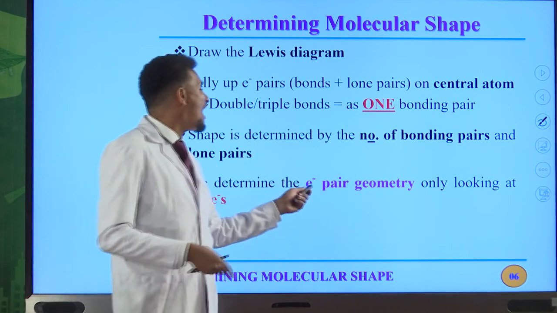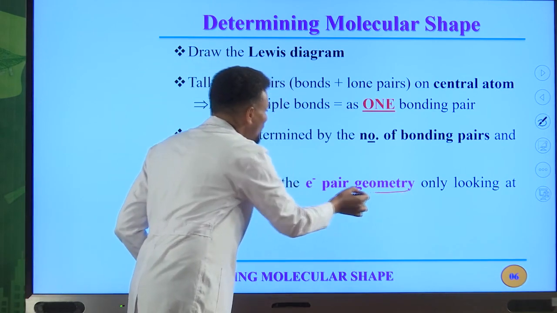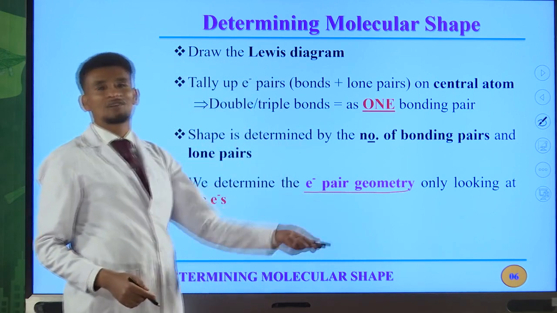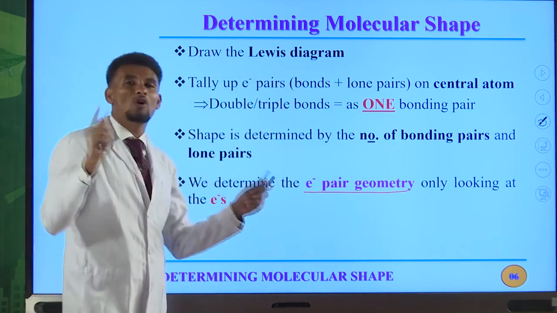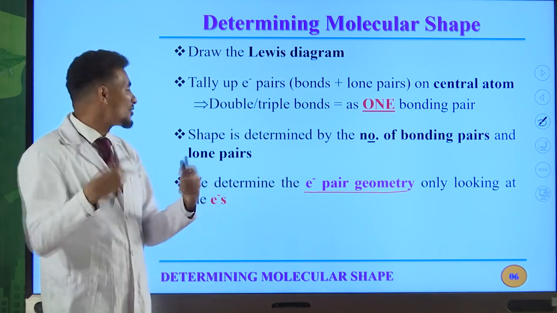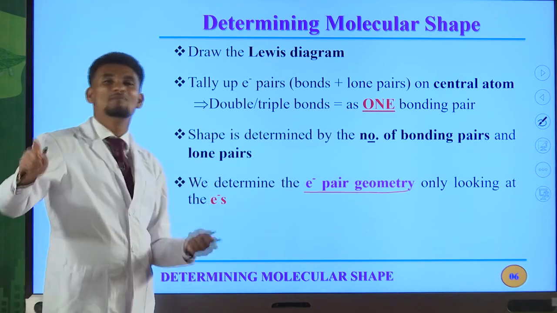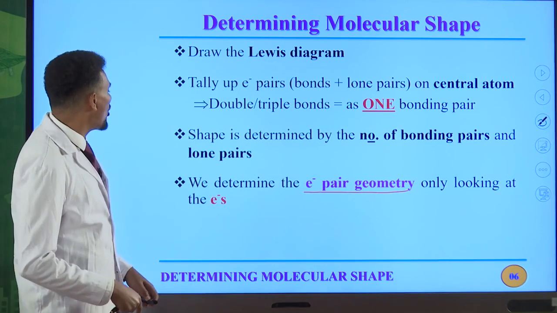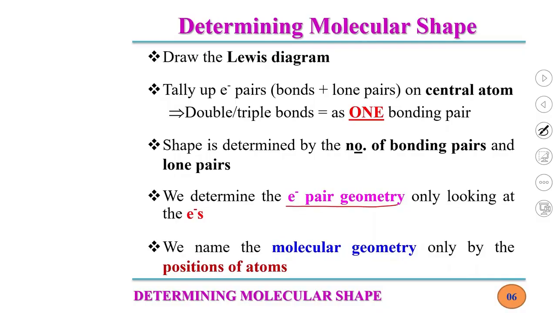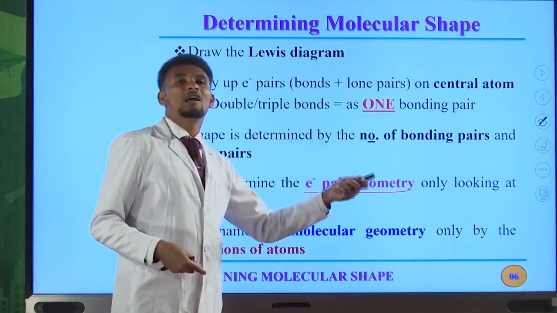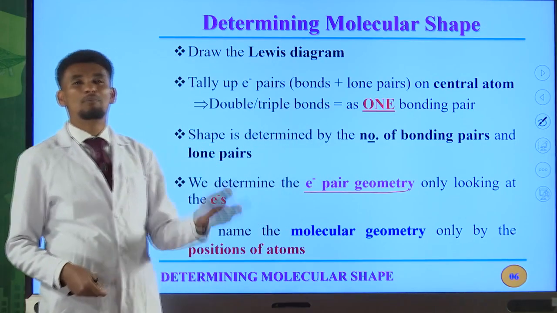This is for electron pair geometry or electronic geometry. However, we name the molecular geometry only by the positions of atoms. Look at the positions of atoms to predict the molecular geometry. You are familiar with the Lewis electron pair approach.